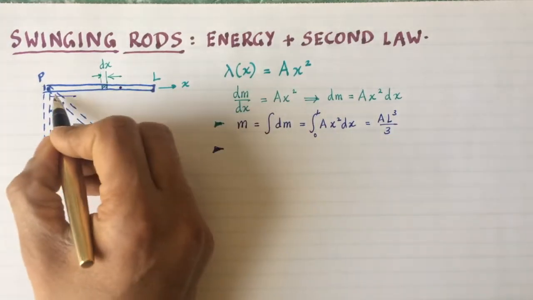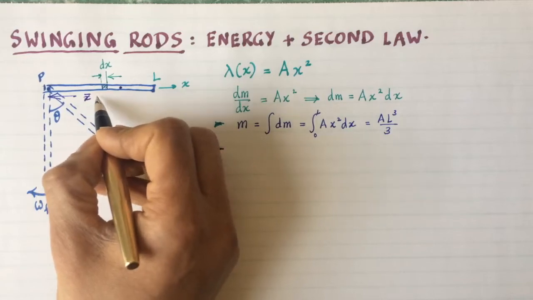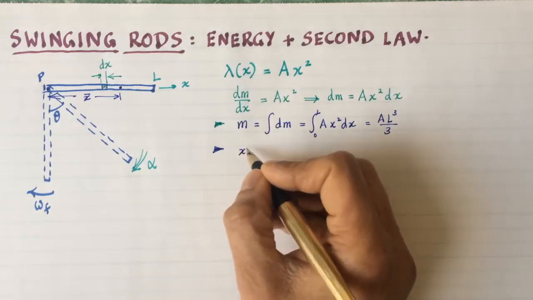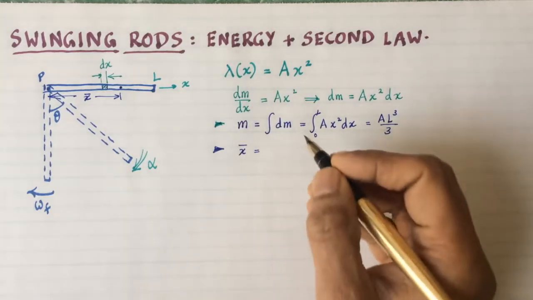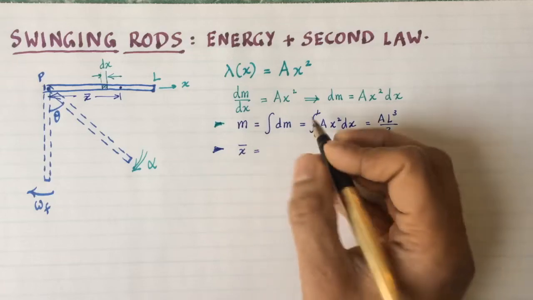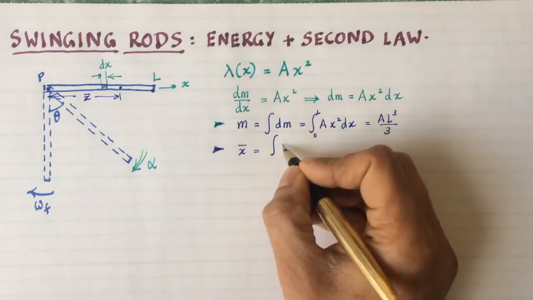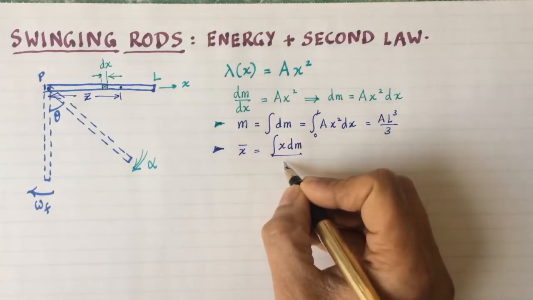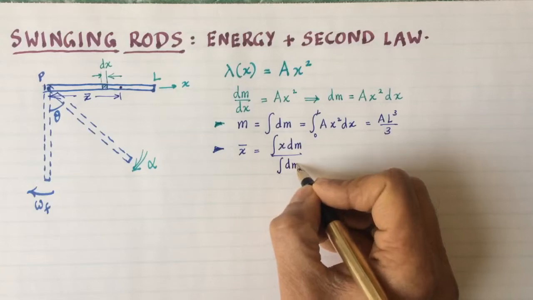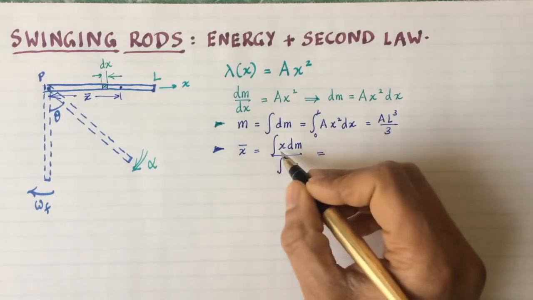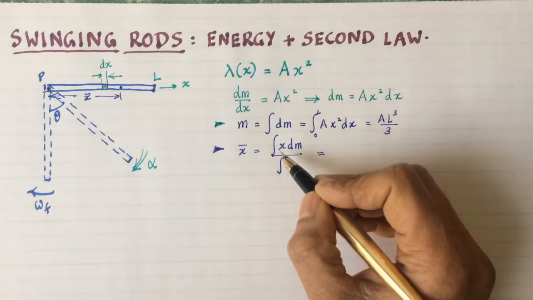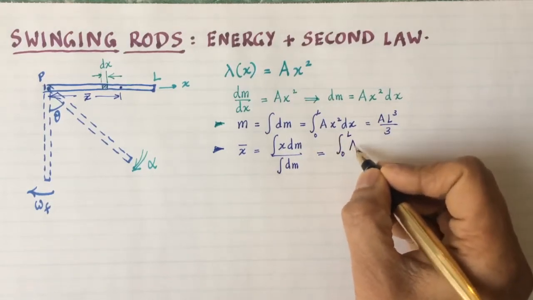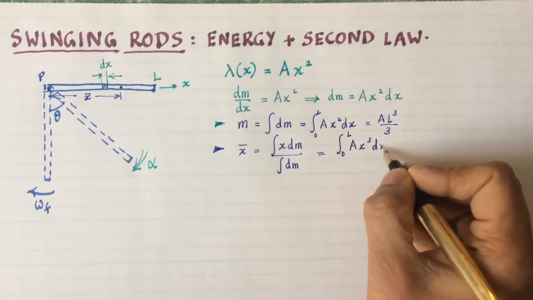Well, the second thing you can find is where the center of gravity of this is located. So we'll call the center of mass location x bar. Bar is sometimes used to denote the center of mass location. Instead of x sub com, it's easier to write bar. So this is, by definition, integral of x dm divided by the total mass, integral dm. Well, the integral of x dm means I just take this dm here and multiply it by another x. So that's going to be the integral from 0 to L ax cubed dx.